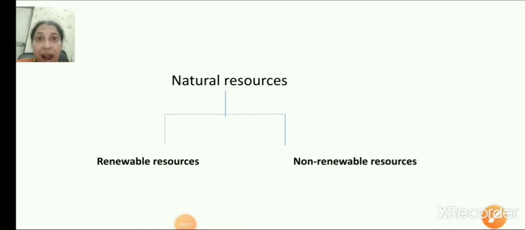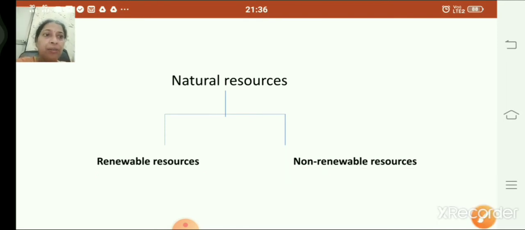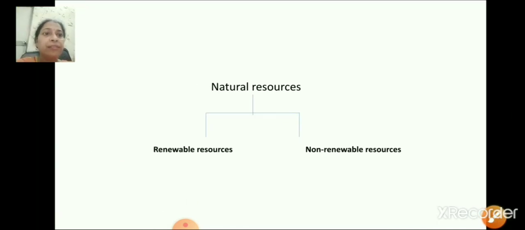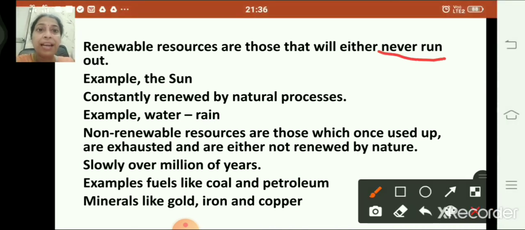Children, there are two types of natural resources. They are renewable resources and non-renewable resources. Okay. Renewable resources are those that will never run out. It means it will not get over.